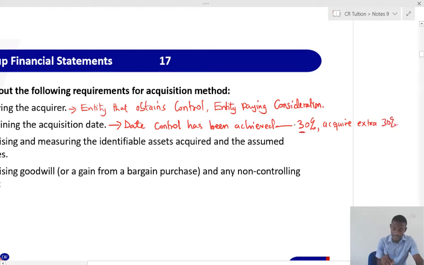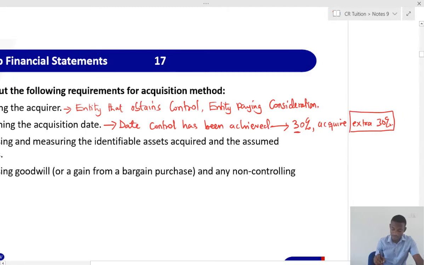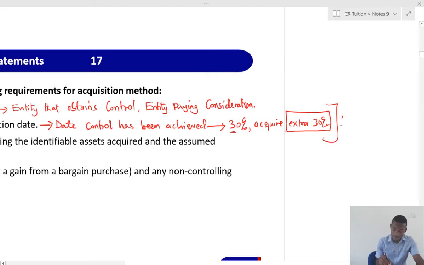The initial date they acquired the 30%, they have no control, but the extra 30% they have acquired collectively gives them 60%, and the date they achieve this 60% is the date of acquisition, and the IFRS 3 says that we need to establish that, and from that date consolidation will start, and on that date we have to ascertain the fair value of assets and liabilities, and we have to measure goodwill.